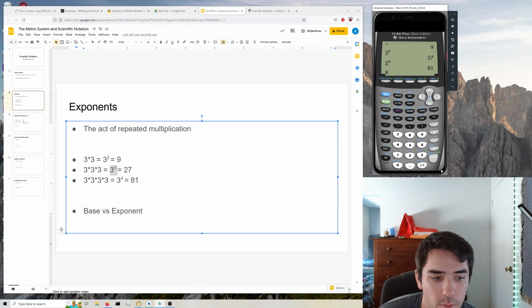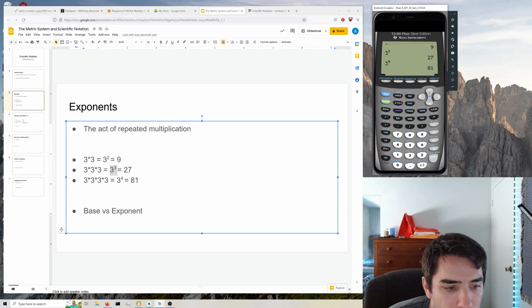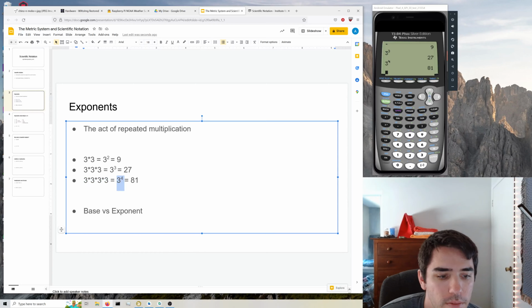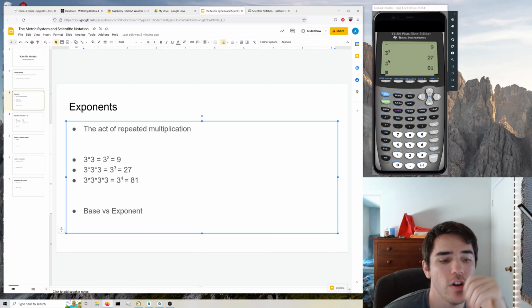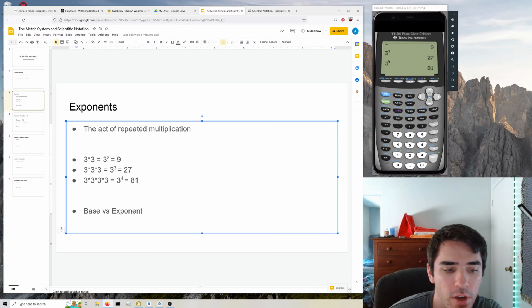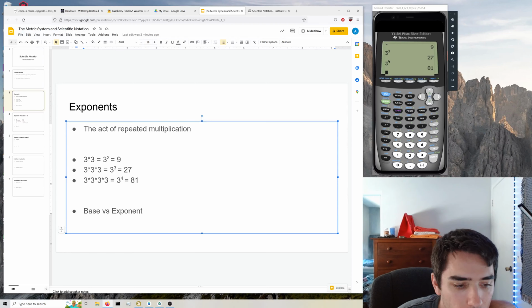If you multiply numbers together, you can write it as an exponent, and then you can calculate that exponent. The base is the number 3 in this case, and the exponent in this one is the number 4. But it's not always going to be 3 or always going to be 4.